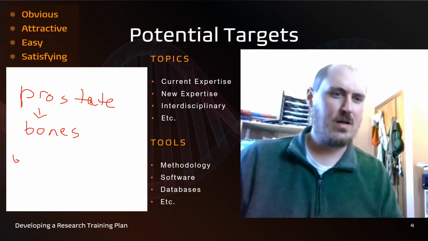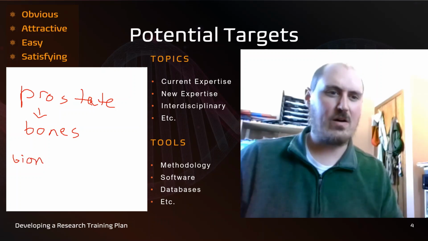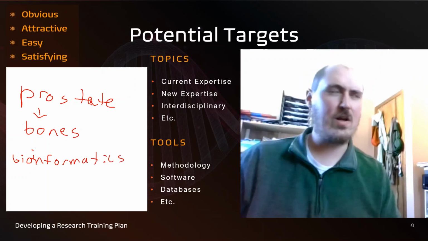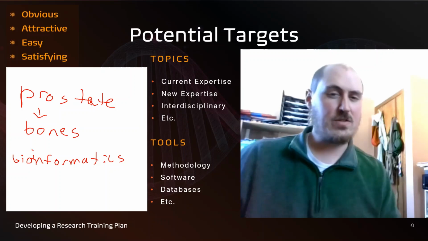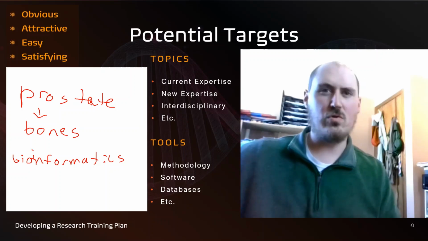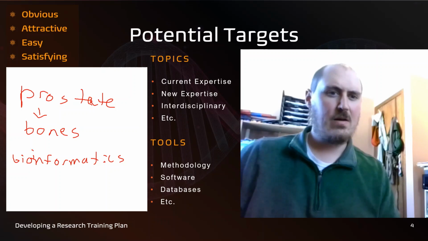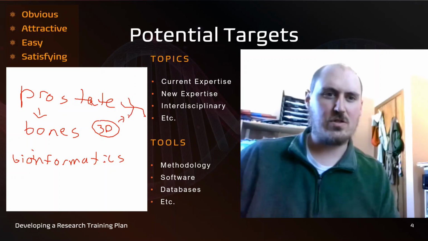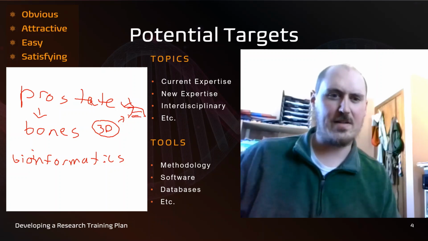I'm currently really getting back into bioinformatics. That's a fascinating field, especially with like microbiome. Interdisciplinary could be putting together something you're already familiar with and a new discipline. For example, I'm really interested right now in 3D printing or additive manufacturing and epidemiology, so like health sciences. So let's just draw a little DNA molecule for that.